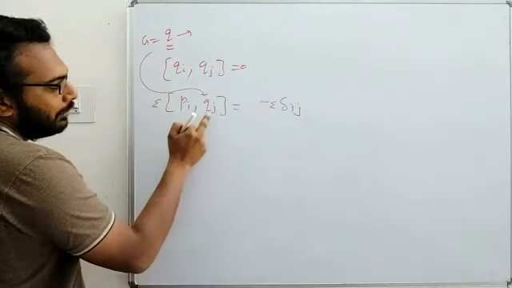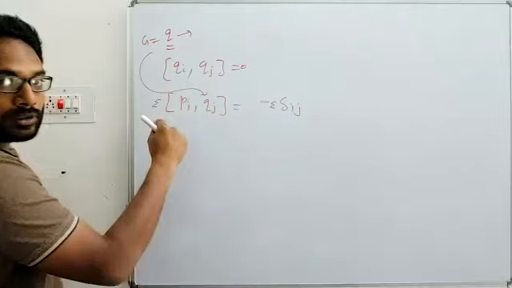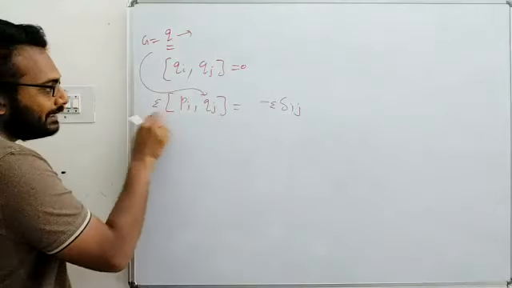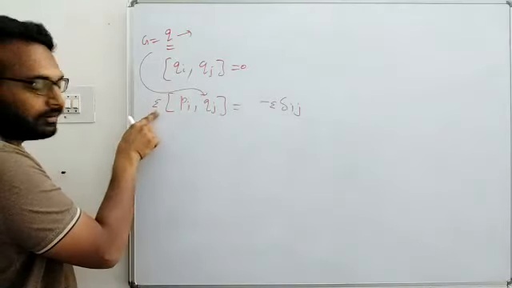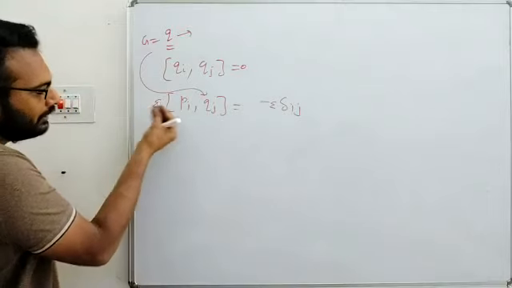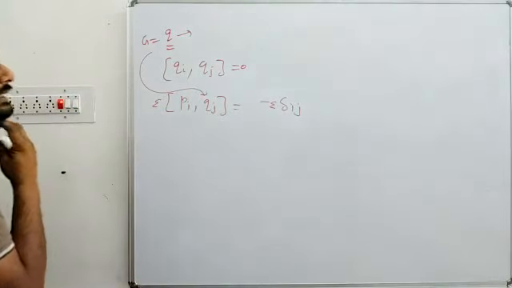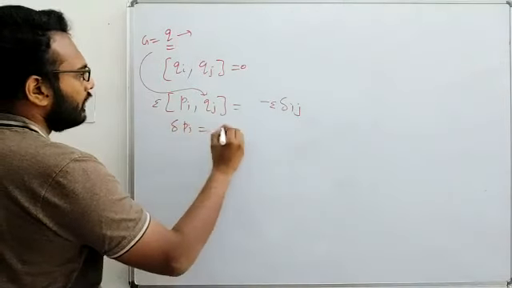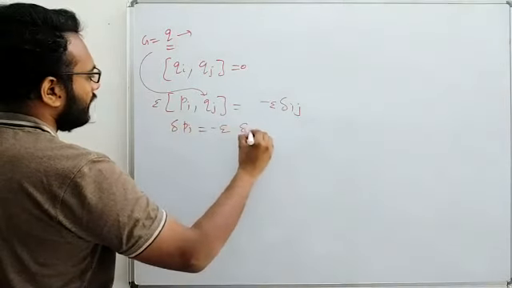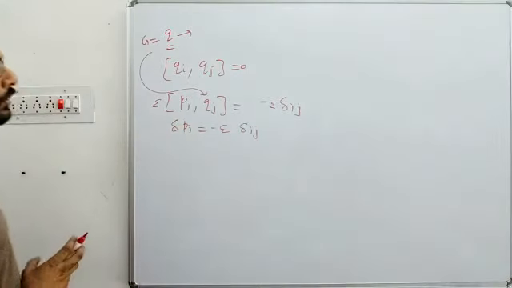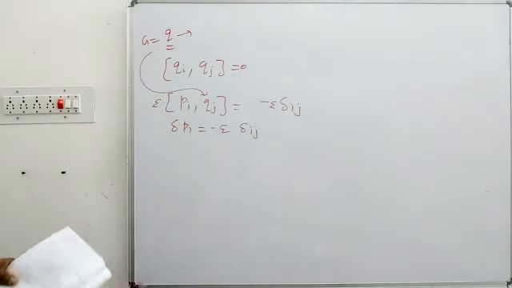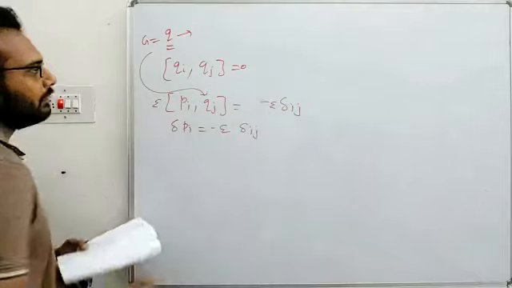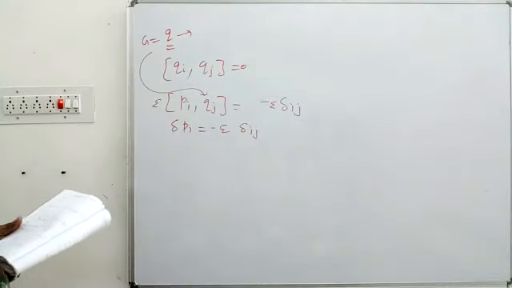If you take a particular Q, there is a corresponding conjugate momentum P, and it changes that momentum by a small change epsilon. So that's delta Pi is equal to minus epsilon delta ij. The change in momentum alone is generated by the generator Q coordinates.